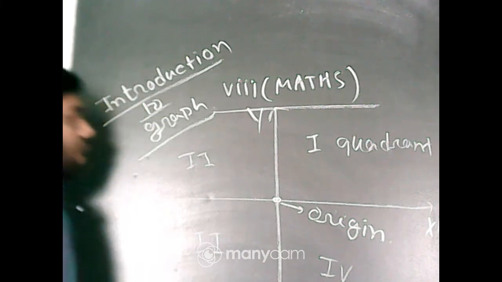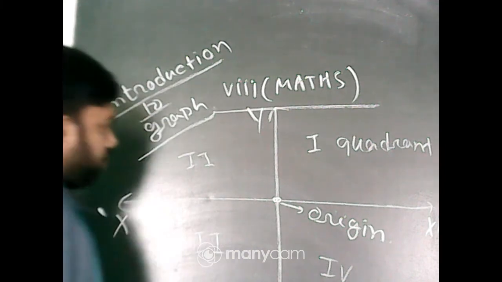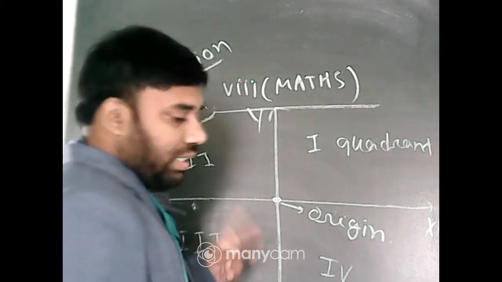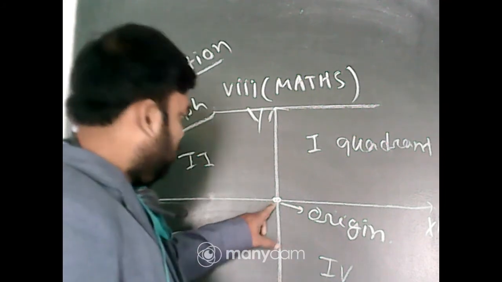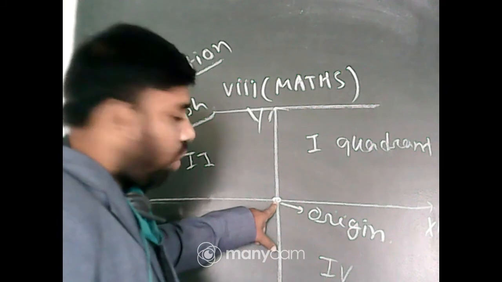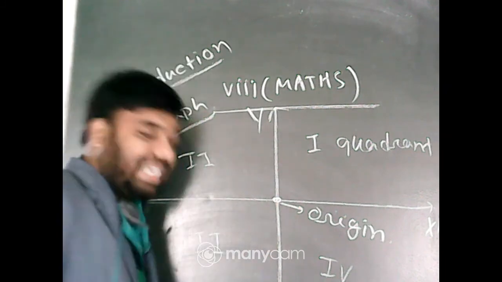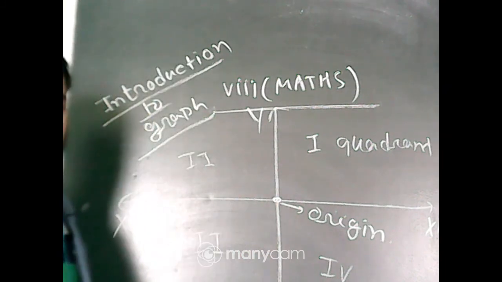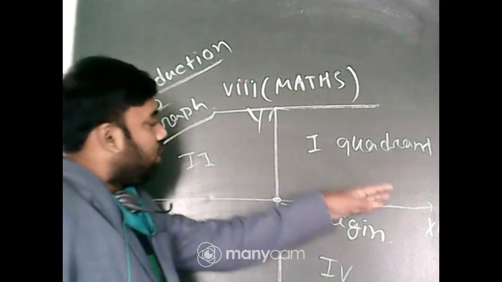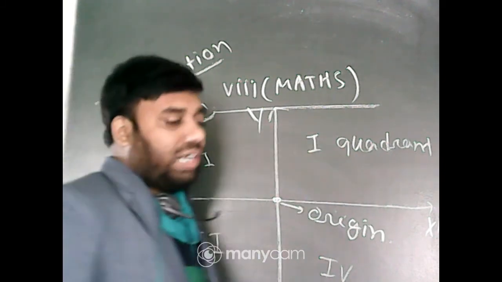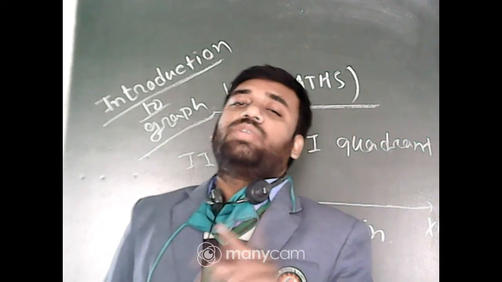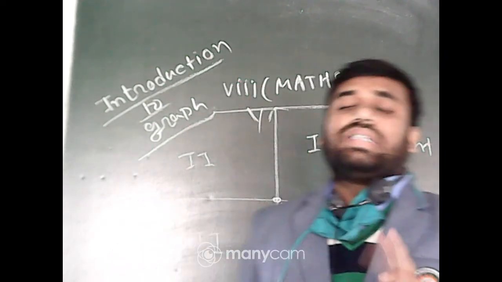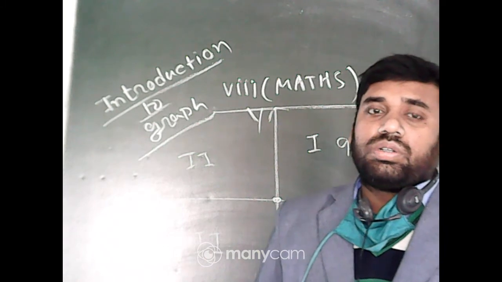So I have told you three things: the 2 lines, x-axis and y-axis, intersect at a point called the origin, and the 4 equal parts divided by the x-axis and y-axis are called quadrants.